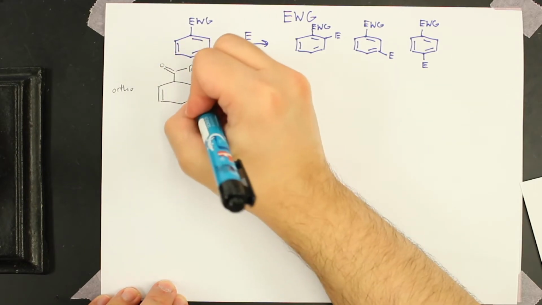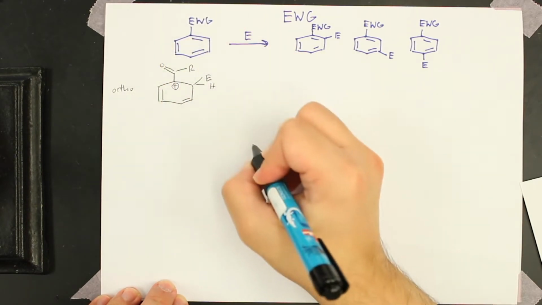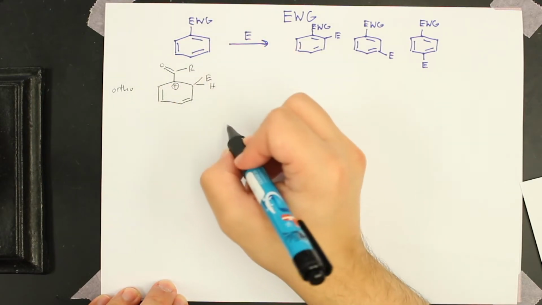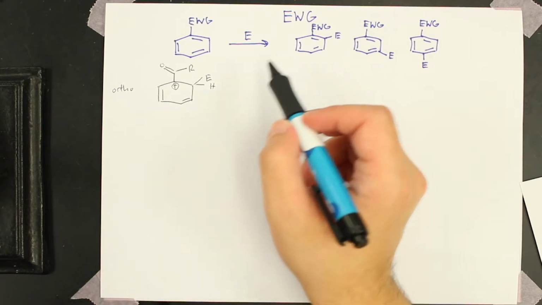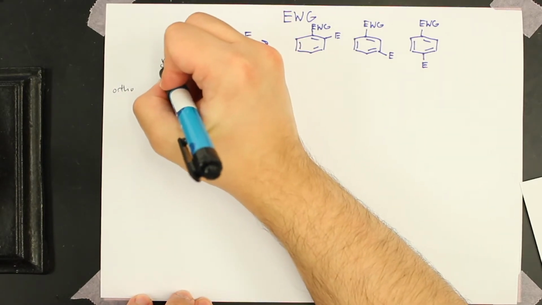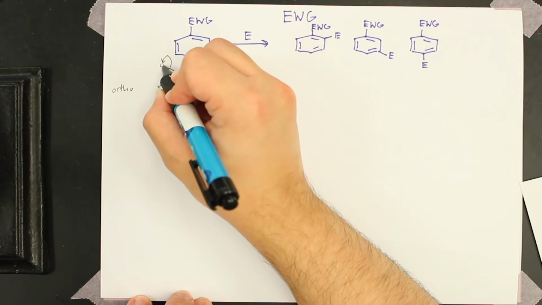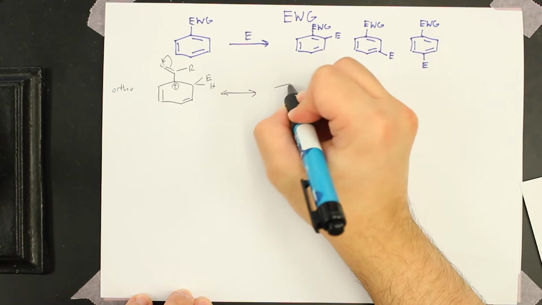Let's say we substitute on the ortho position, giving us a positive charge here. In this case, we're going to look at how these electron withdrawing groups destabilize this intermediate. If we draw a resonance structure where this pi bond between the oxygen and carbon becomes a lone pair, we'll get something that looks like this.